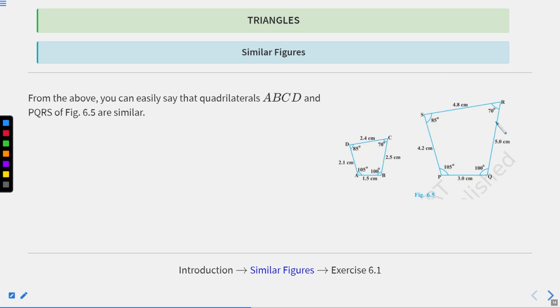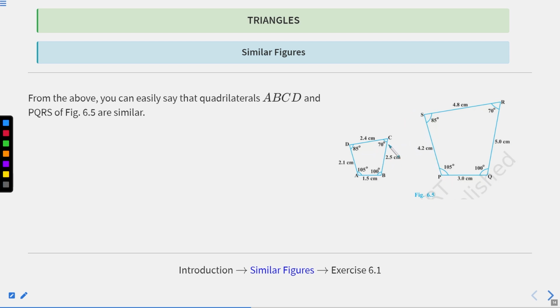For quadrilateral PQRS, angle S is 85 degrees, angle P is 105 degrees, angle Q is 100 degrees, and angle R is 70 degrees. The lengths of the sides are 3.0 centimeters, 5.0 centimeters, 4.8 centimeters, and side SP is 4.2 centimeters.